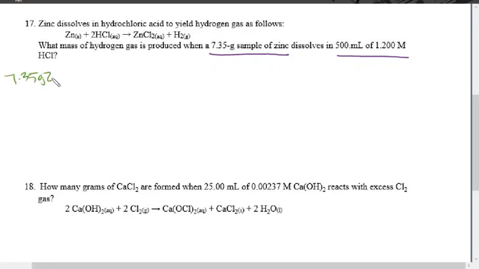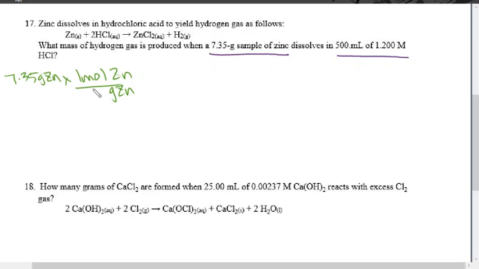7.35 grams of zinc times 1 mole of zinc is this many grams of zinc, and that is, where do I have it?